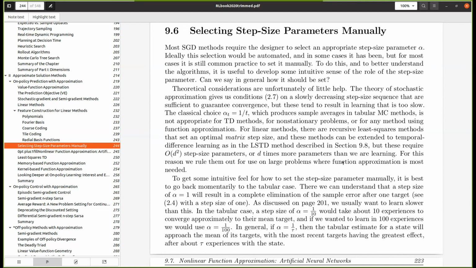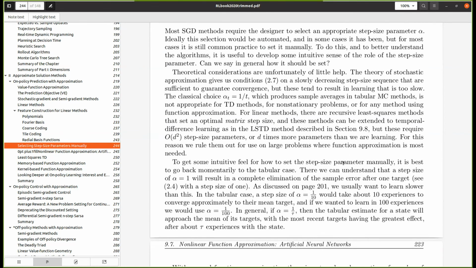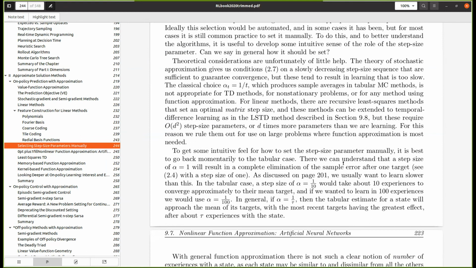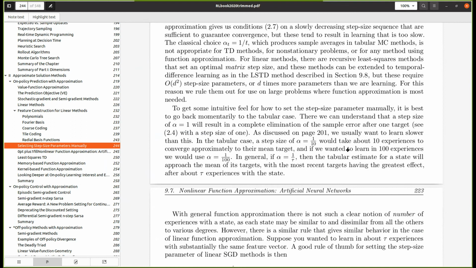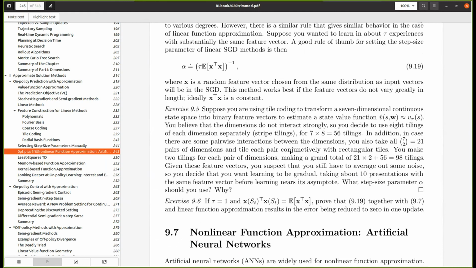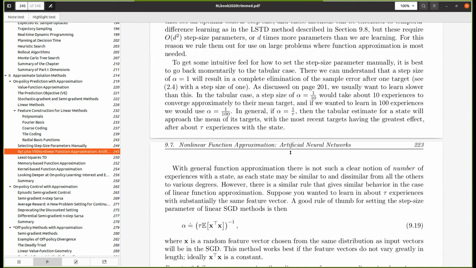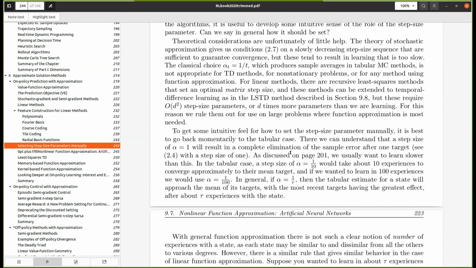For the linear case, there is the least squares temporal difference method, described further in this chapter.